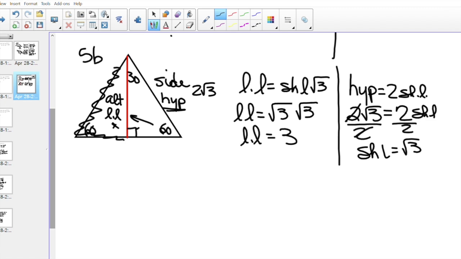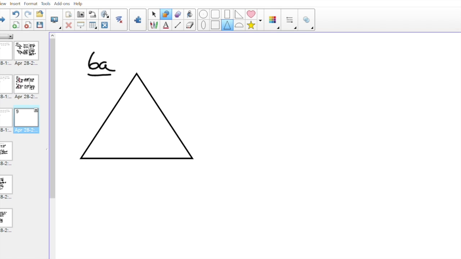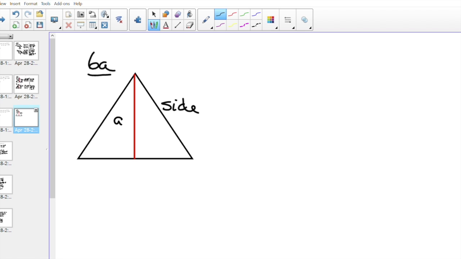number 6. Okay, 6a. Again, on number 6, we're talking about an equilateral triangle. Same thing as earlier. Draw the altitude. Now, this would be called a side. This would be called the altitude.